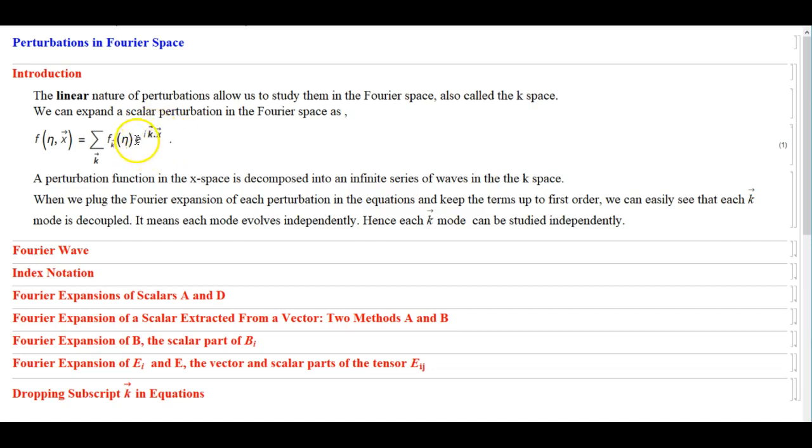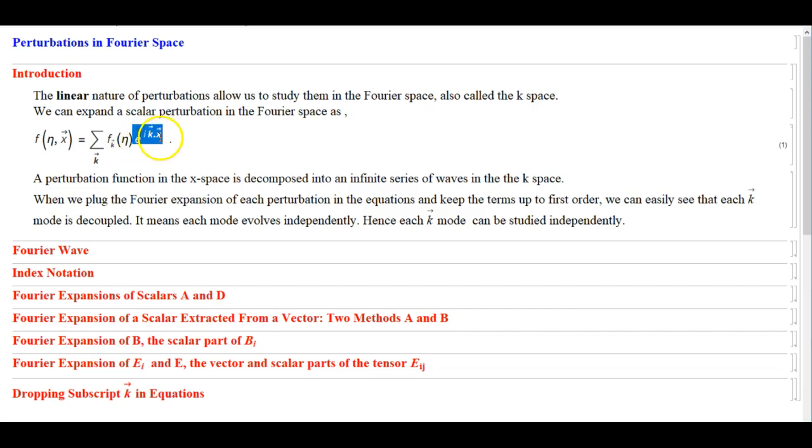The spatial contribution goes to the exponential, and you are left with the eta contribution, which comes in the Fourier coefficient term. So this Fourier coefficient is a function of eta only, because the spatial part now goes to the exponential term e to the power i k dot x.